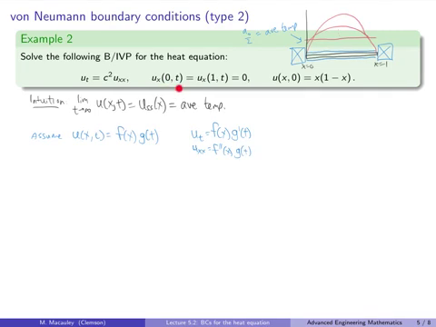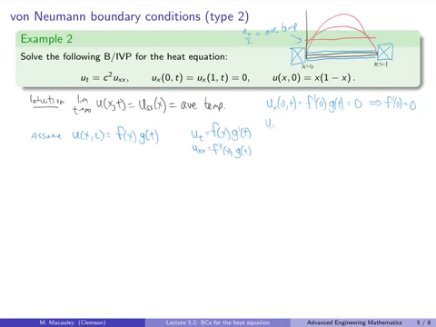And let's compute these boundary conditions while we're at it. So u x of 0,t is f prime of 0 g of t, and if that's equal to 0, now we have a number, f prime of 0, times a non-zero, non-constant function, g of t, equaling 0. The only way that can happen is if that number, f prime of 0, equals 0.